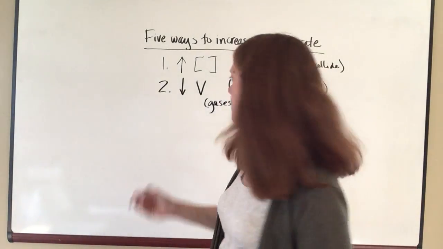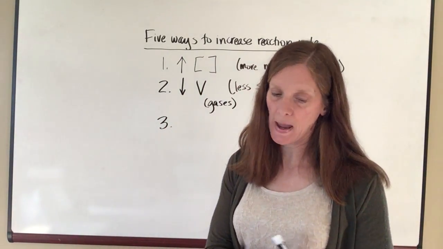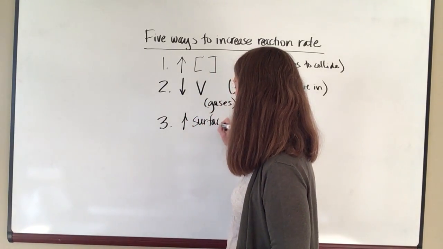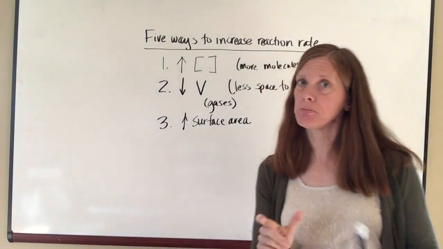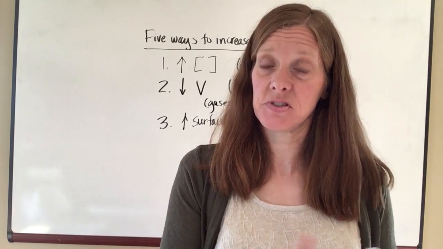Okay, so the third way that you can cause a reaction to happen faster is to increase the surface area of the reactant. Okay, now surface area, again, another word for math. Surface area is the area on the outside of something.